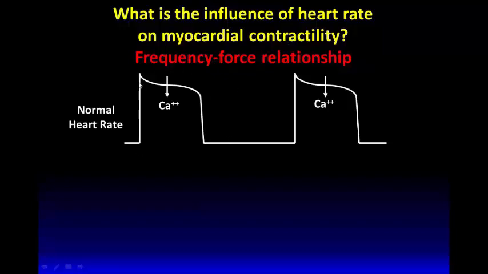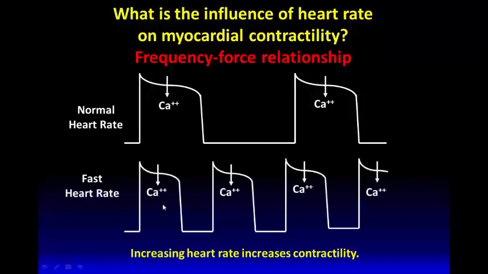These are the action potentials which are generated by the contractile cardiac muscle cells, the myocytes, when the heart rate is normal. And these are the action potentials which are generated by the contractile myocytes when the heart rate is fast.